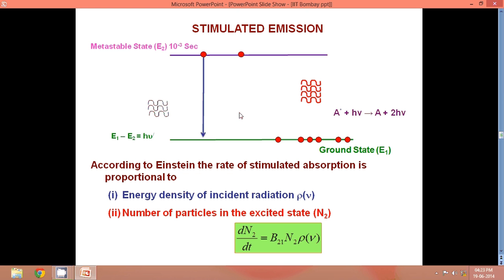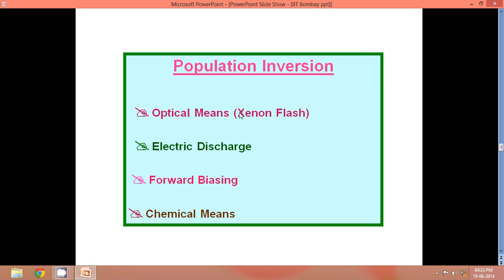In this case of stimulated emission, the rate of stimulated emission is directly proportional to the incident radiation and also directly proportional to the number of atoms in the excited state. But how do you get this state?